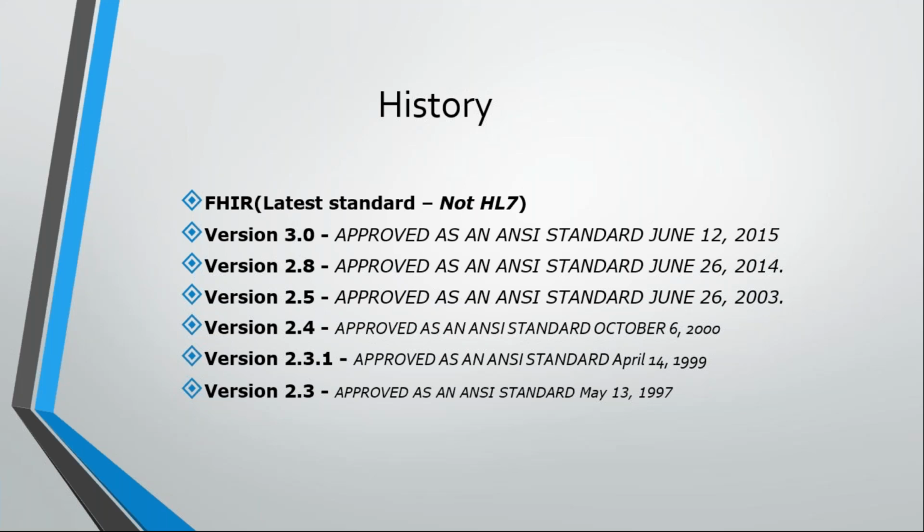Even though it started in the 1980s, forming an HL7 body which can express a standard form of the HL7 language or messaging standard was done in 1997, when version 2.3 was released. From then we see that we have 2.3.1, 2.5, 2.7, 2.8, and version 3 in 2015.